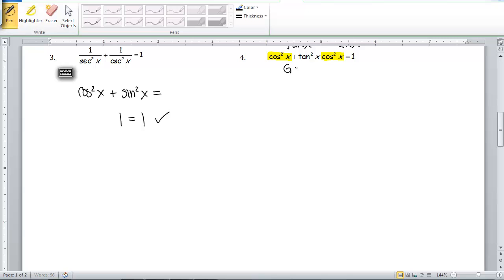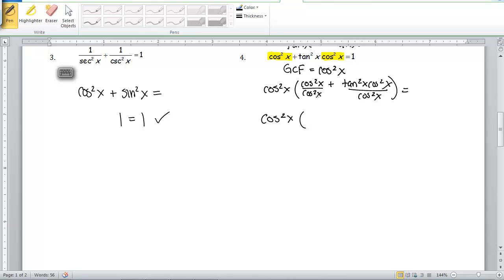I want to factor out that GCF, and that's going to give me cosine squared times, again, if you take the original terms and divide them by your GCF, you'll see what goes inside the parentheses. Here, cosine divided by cosine is a value of 1. And those cosines cancel out to leave me with the tangent squared.